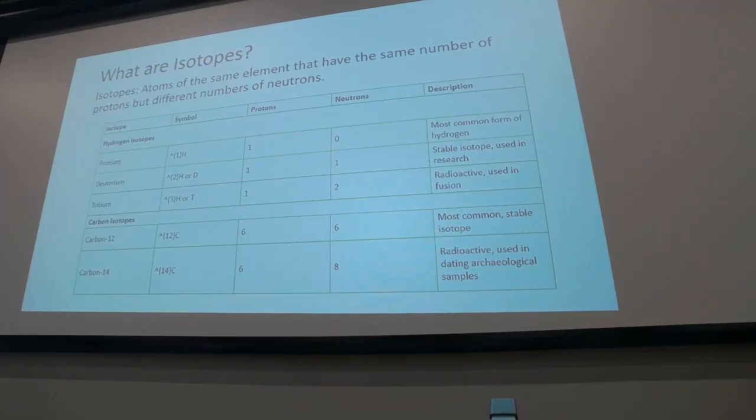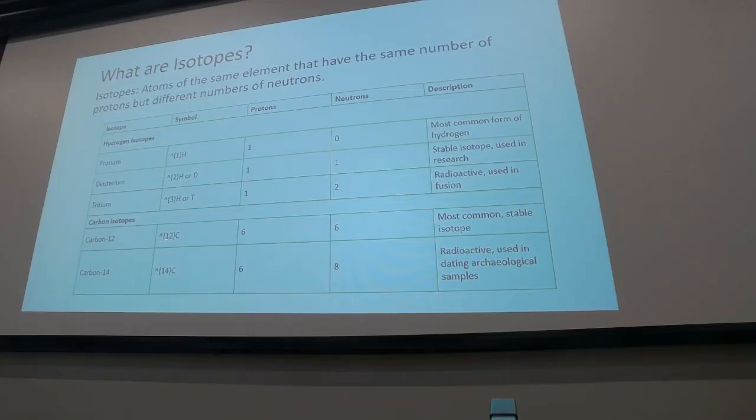Okay, so now, some of them can be stable, meaning that they don't emit energy, like in the case of protium and deuterium, but some of them can be radioactive, like in the case of 3H. And then for carbon, we have 2 isotopes: carbon-12 and carbon-14.